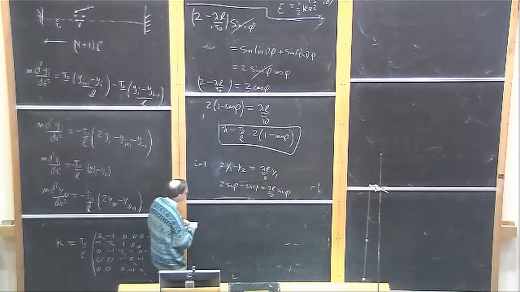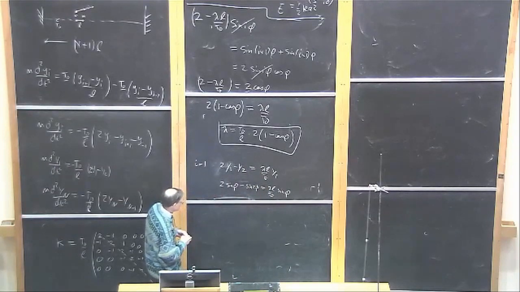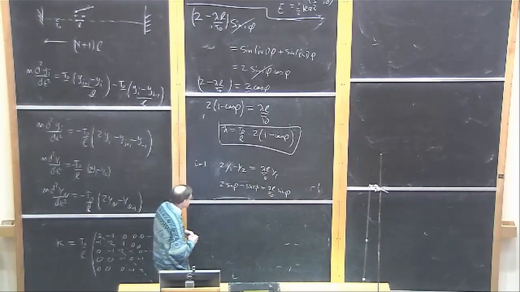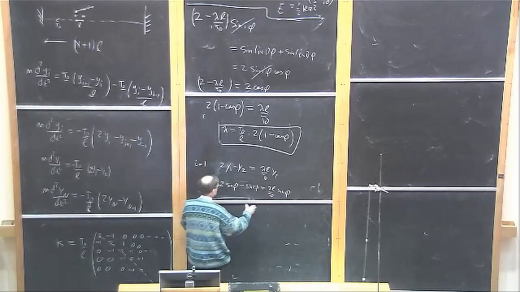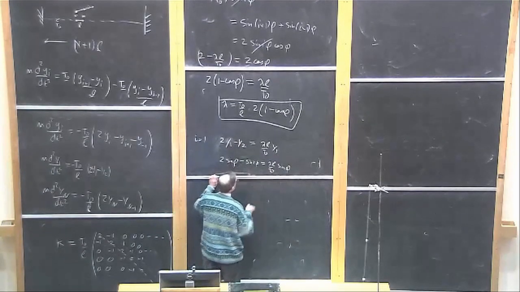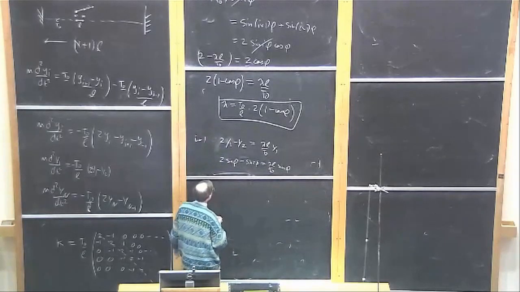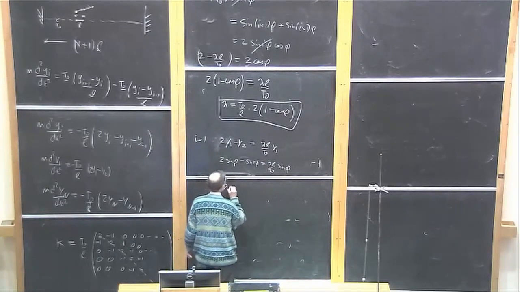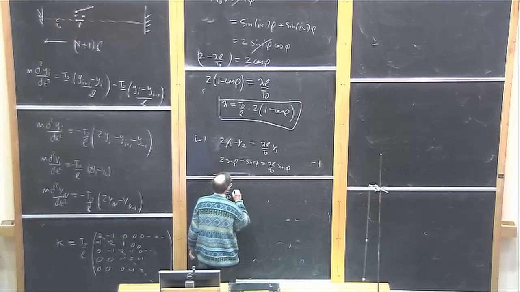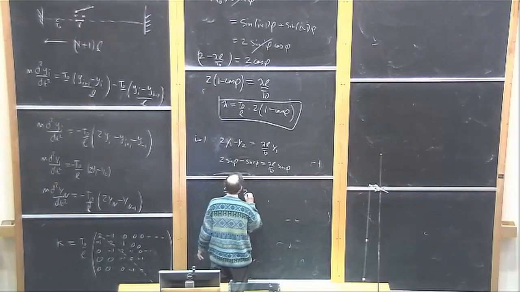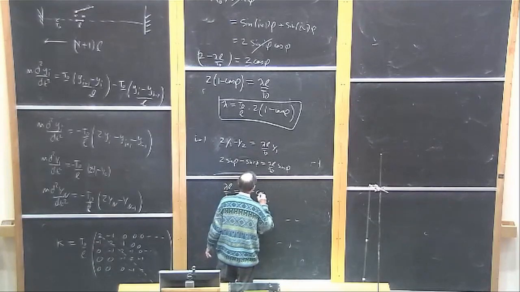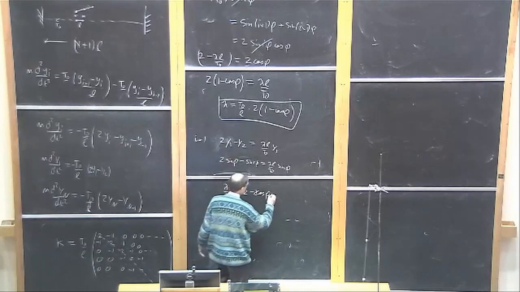And that's always true. Well, the sine phi's cancel. And we get lambda L over T naught is 2 minus 2 cos phi, which is consistent with what we already had.